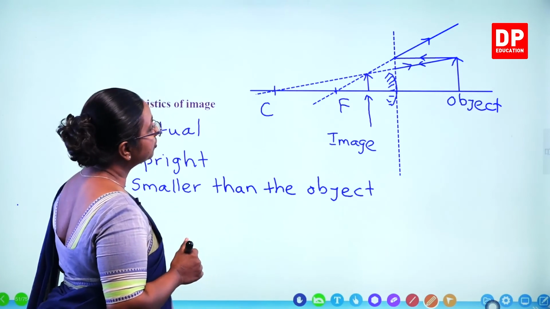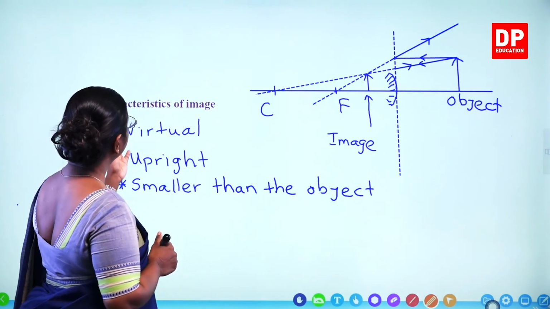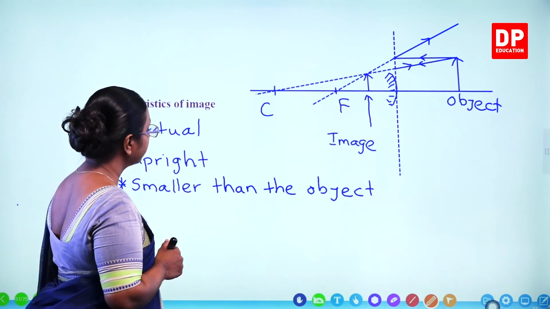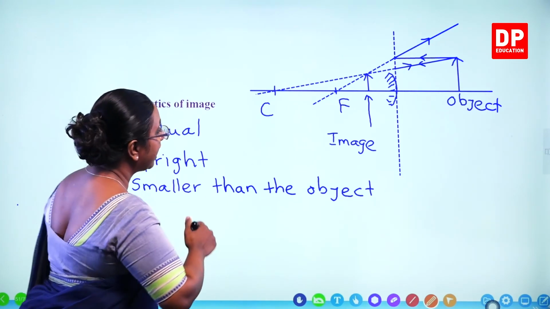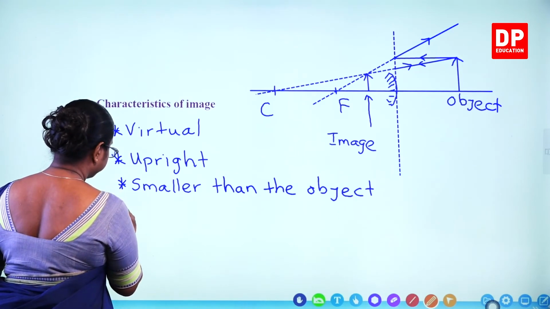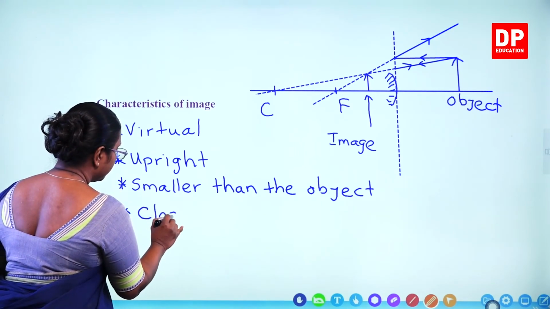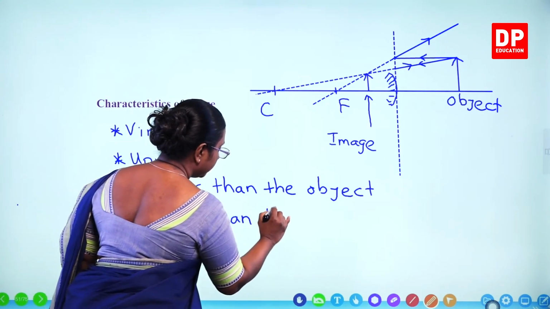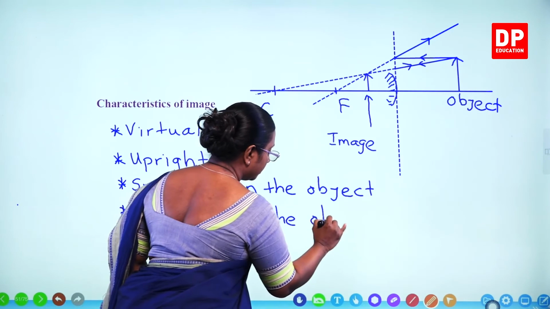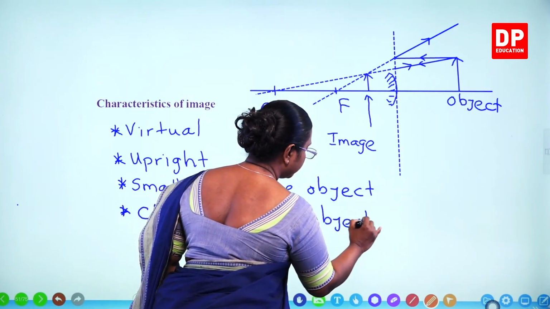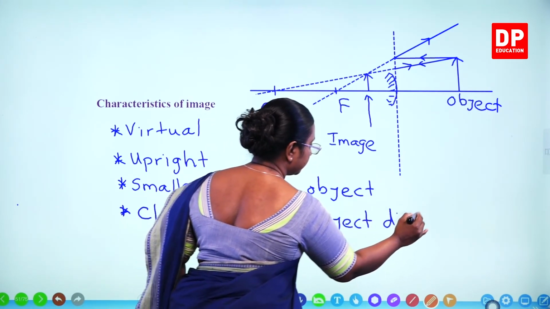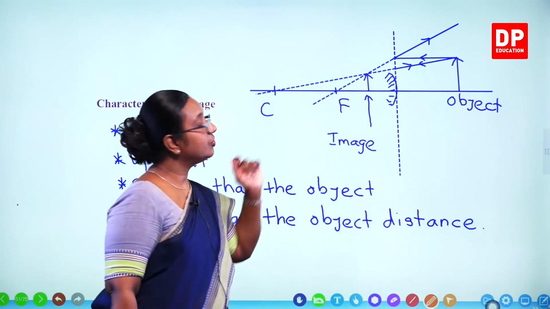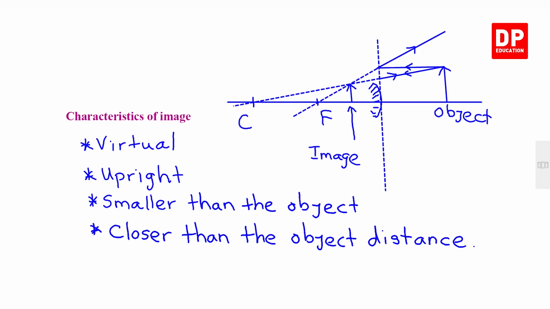So that is also another property, but here the image is virtual, it's upright, smaller than the object, and also it is closer than the object distance. So those are the properties of this image.